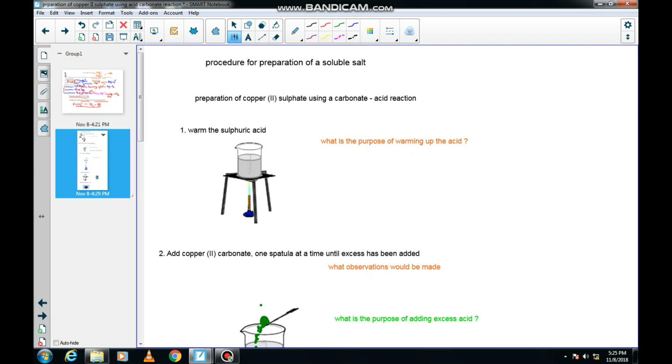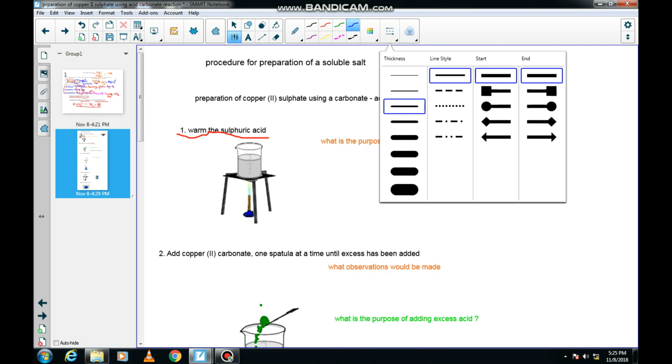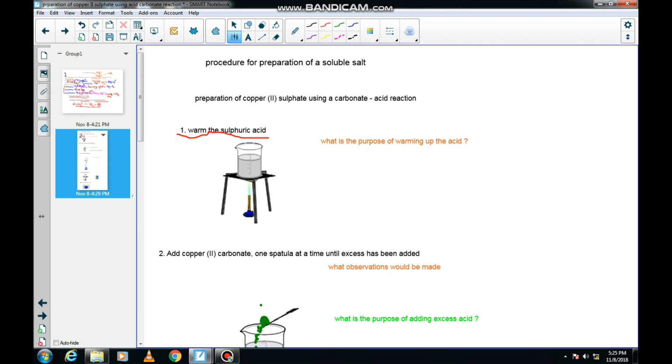The first step is to warm up the acid that you are going to use. What is the purpose of warming up this acid? Why can't we just use this acid cold?